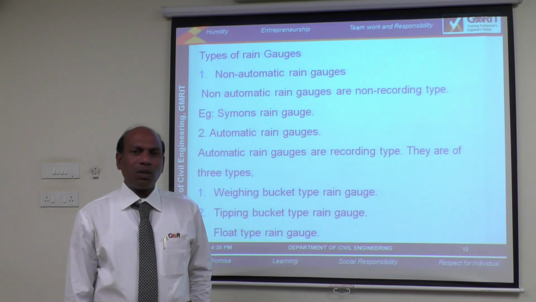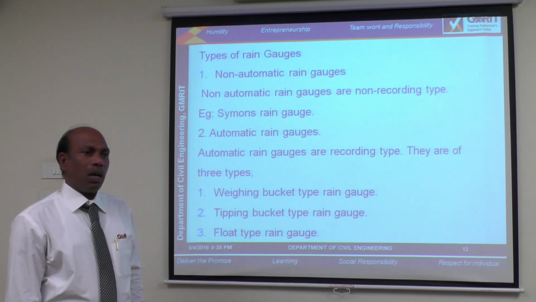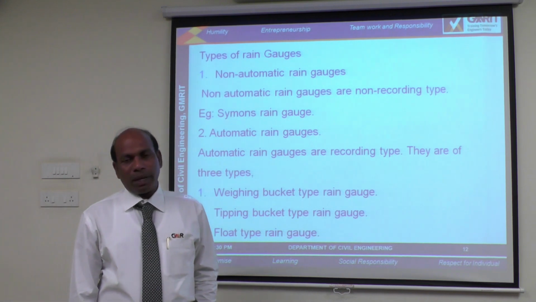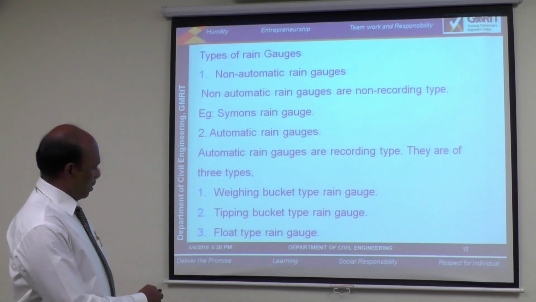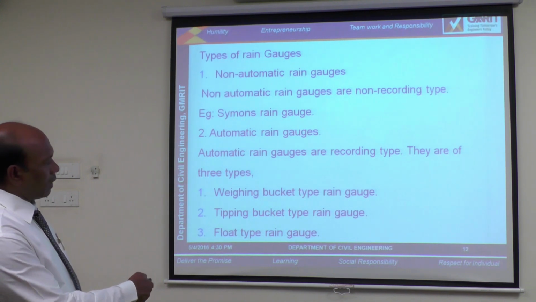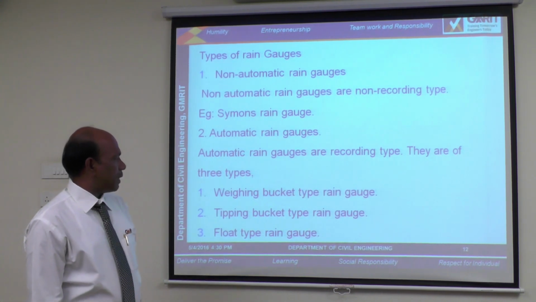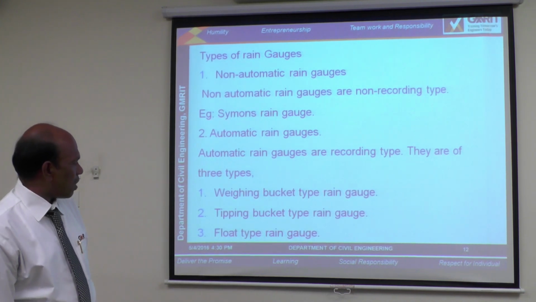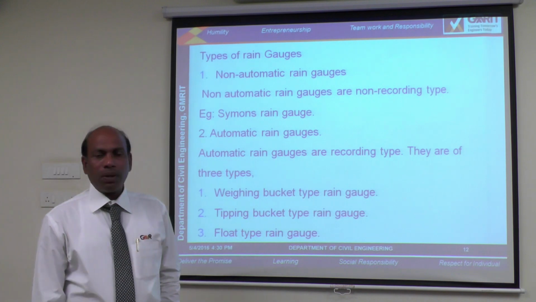In the case of automatic rain gauges, rainfall intensity as well as rainfall depth are taken automatically. The automatic rain gauges are classified into three types: weighing bucket type rain gauge, tipping bucket rain gauge, and the last one is the floating type rain gauge.